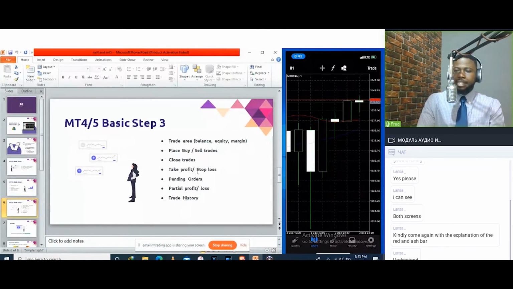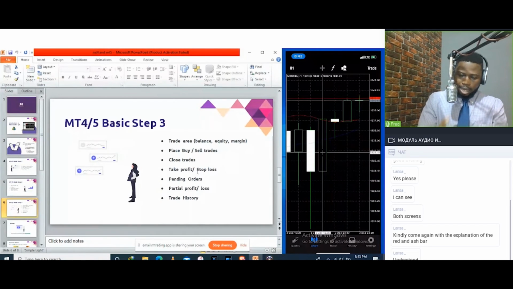Let's say I want to place a buy trade. But this current price isn't very convincing for me to place my buy trade. But let's say I want to wait for 1 hour before I place my buy trade because in 1 hour the price will get to the limit where I want to place my trade. So that's where we place pending orders, or we place a buy stop.